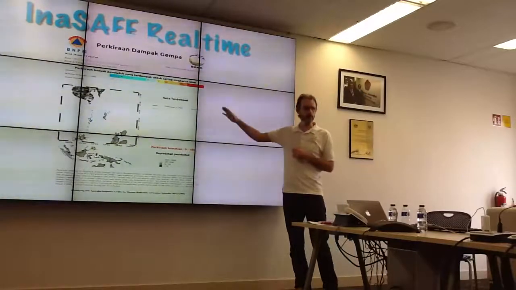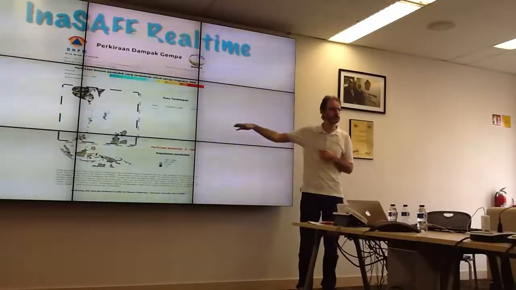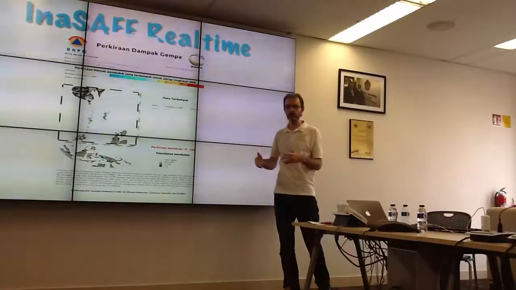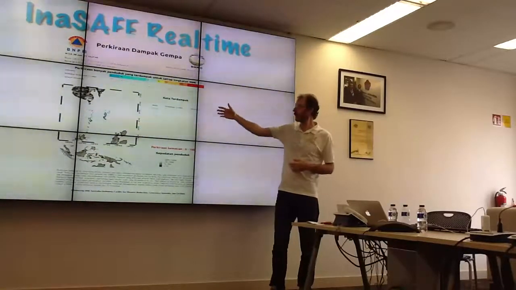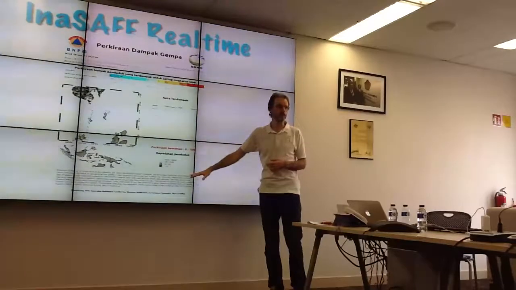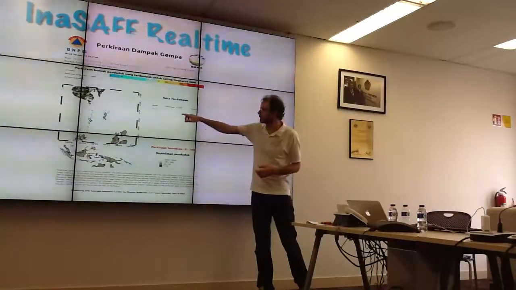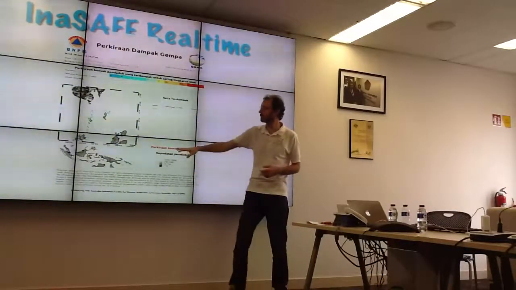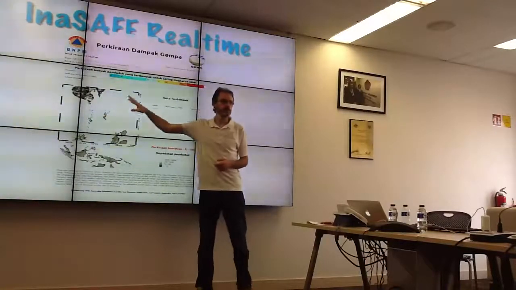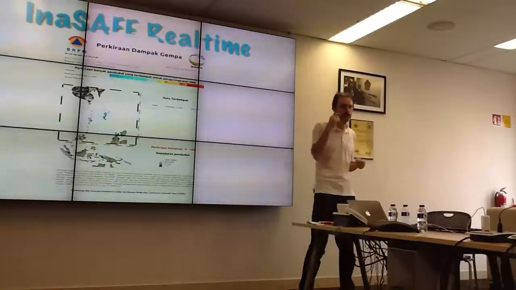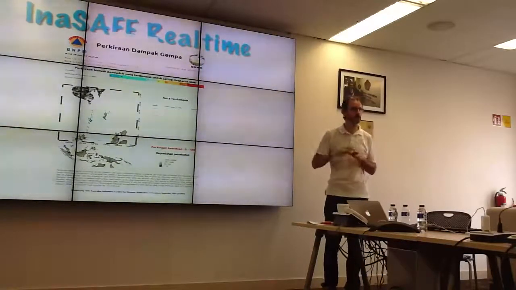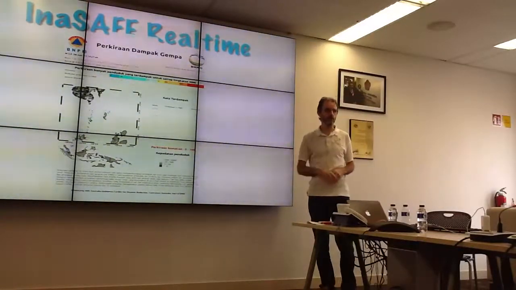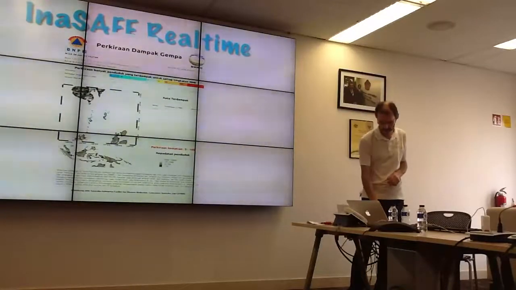Then our software listens for new events arriving there, and it runs some things with the QGIS API and the InaSAFE API, and it produces this one-page PDF showing the number of people affected and where the event was, and it gets pushed onto the BNPB website. It's all automatically happening on a server. There's no user interface for it.